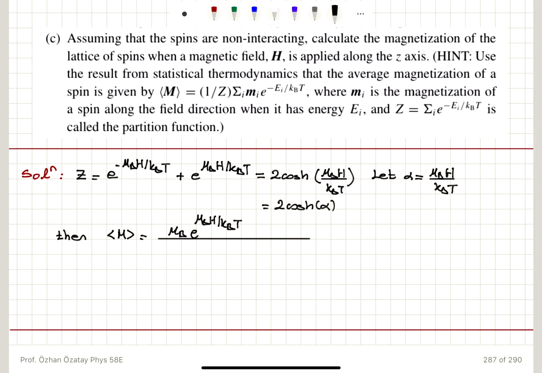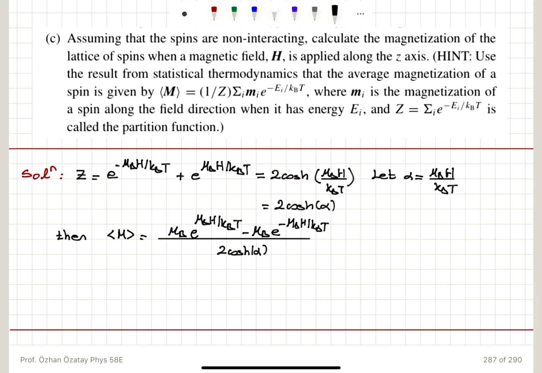Now let's say the magnetic moment is minus μ_B along the z direction, then the energy is plus μ_B H, so we will have e to the minus μ_B H over kT, divided by the partition function, which is 2 cosh alpha.